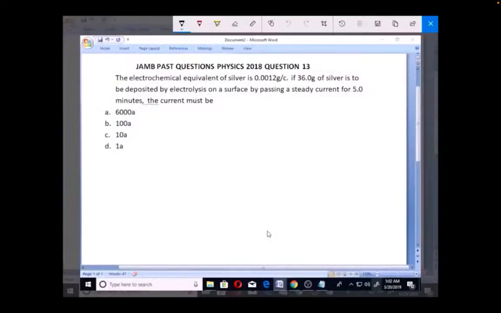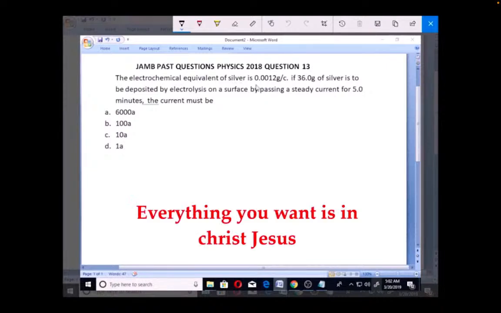Now let's look at question number 13 for JAMB Past Questions Physics 2018. The electrochemical equivalent of silver is 0.0012 gram per coulomb.